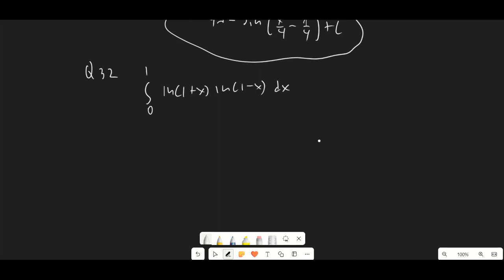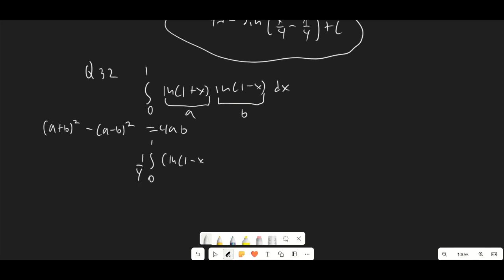So we're going to abuse the fact that (a plus b) squared minus (a minus b) squared equals 4ab. Now, in this case, a is just this, and b is just this. So we get the integral from 0 to 1 of 1/4 times ln squared of (1 minus x squared), is this all squared?